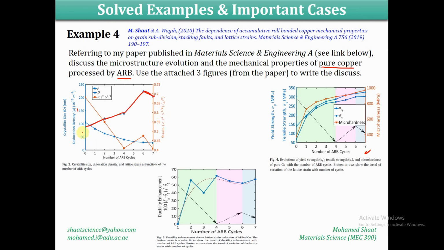As you can observe, before processing, before rolling, as we explained in the first example, the dislocation density was around 80 times 10 to the power 13 meter to the power -2. If you decided to convert it into millimeter, you should divide by 10 to the power 6.